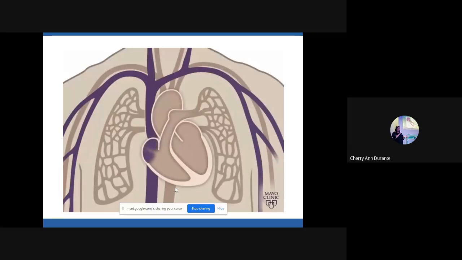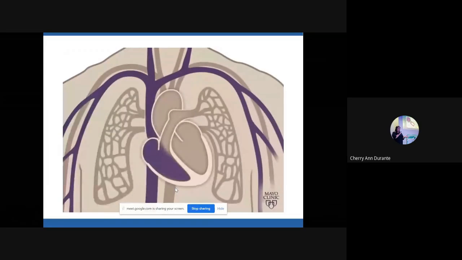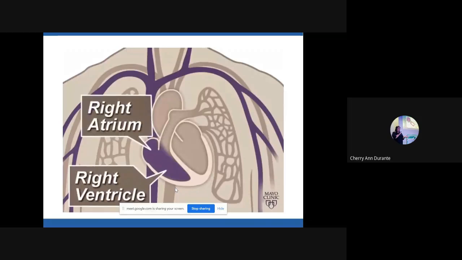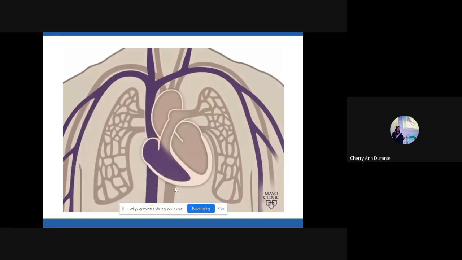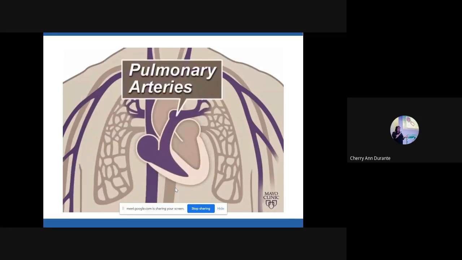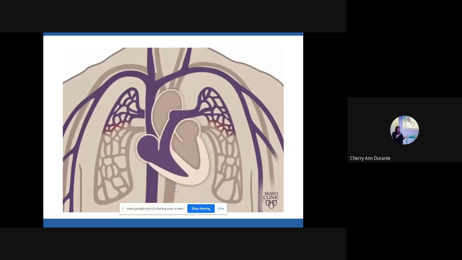Once it goes to the pulmonary arteries, it will go to the lungs for oxygenation. So dadaanan niya yung pulmonic valve, then pulmonary arteries for oxygenation sa lungs. There will be gas exchange in your alveoli. Pagbalik niya, left side na ng puso, left atrium through the pulmonary veins.